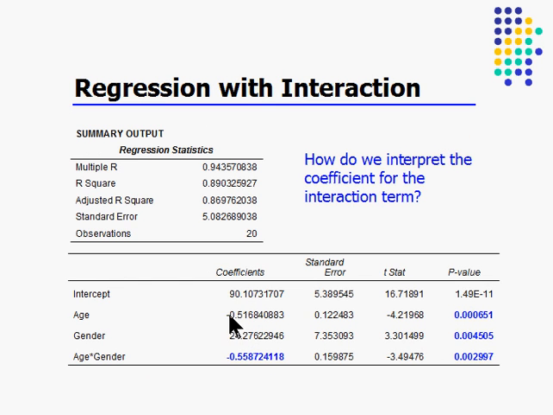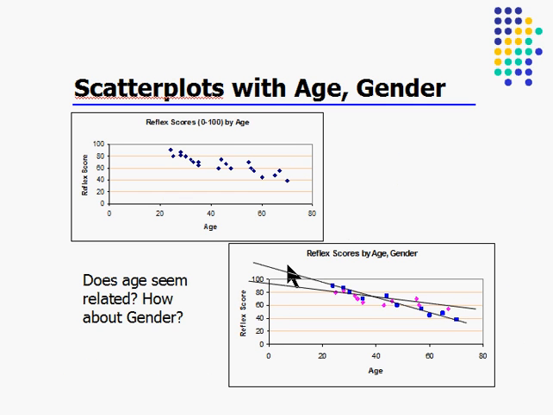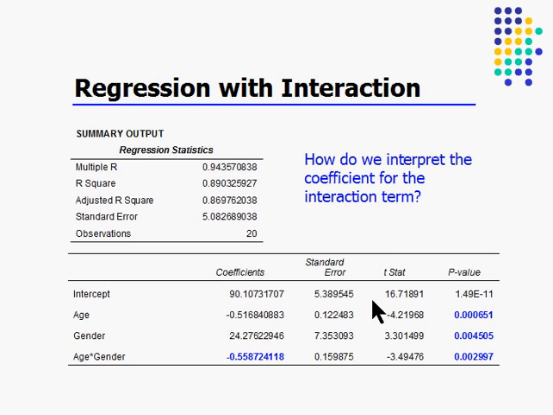We have our slope for our base, which is our females, of negative 0.51, and we have an addition to the slope, a minus 0.55, for males. So for males, as we get older, reflexes drop 0.558 more than females per year, and that's evidenced in that slope. You can see it's a little bit steeper for the males.